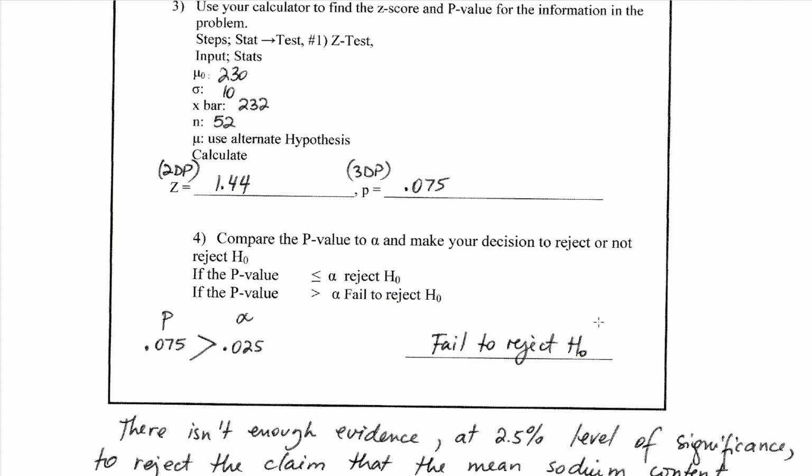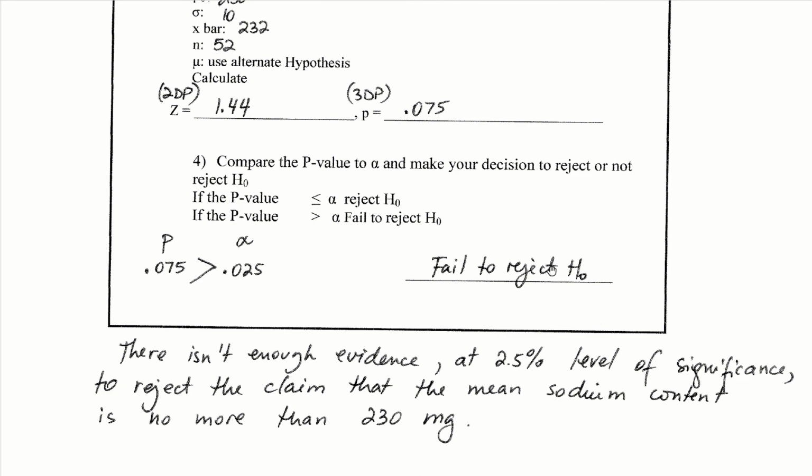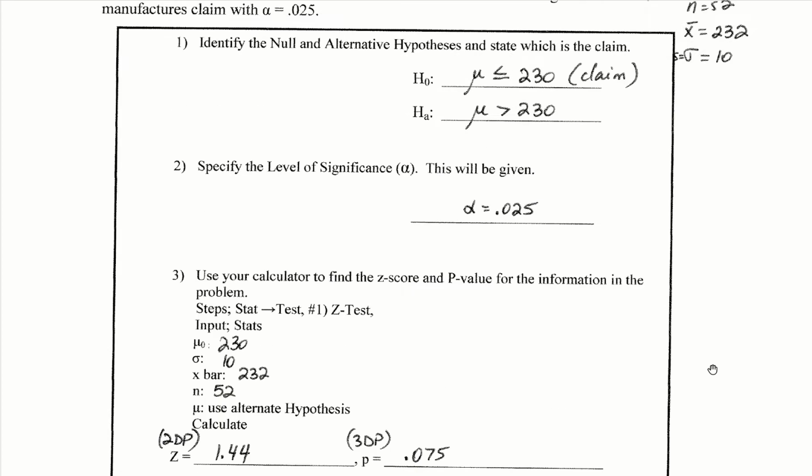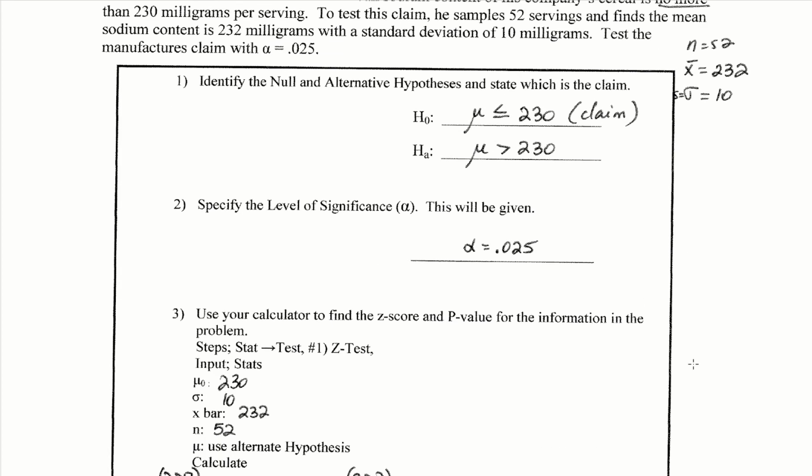From there, we're now going to go ahead and summarize things. Because the decision was fail to reject the null, our final sentence will begin with, there is insufficient evidence. So anytime you fail to reject the null, it always begins with, there is insufficient evidence at the 2.5% level of significance. And now to finish the sentence, we have to see which one of the hypotheses the claim was.